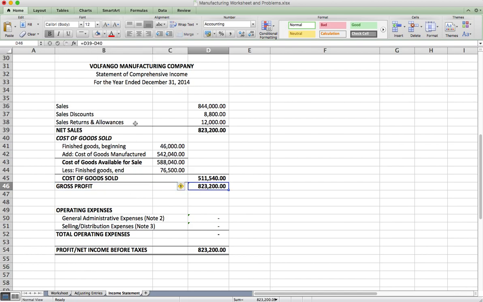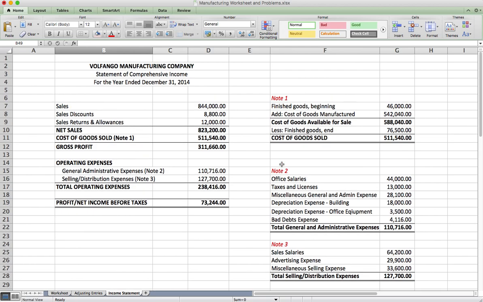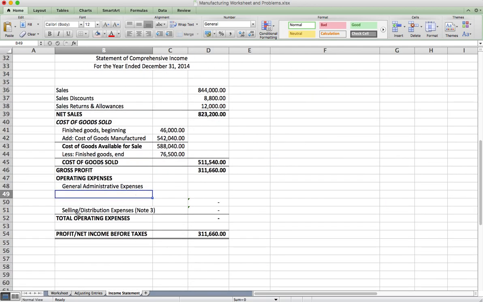Gross profit is net sales less cost of goods sold. Okay, and then so you now have your gross profit. You lay down now your operating expenses. So general and administrative expenses, tanggalin mo na ngayon yung notes dito. Lalagay natin siya lahat dito sa baba.